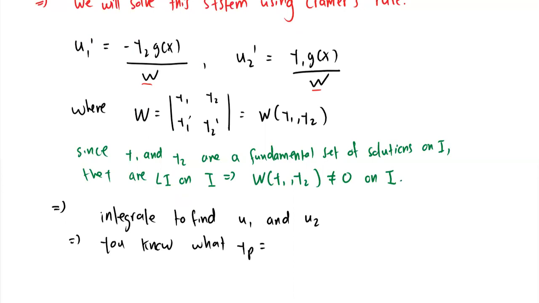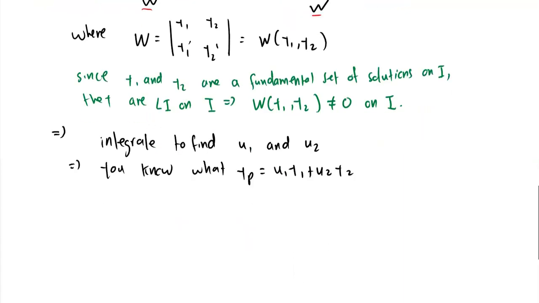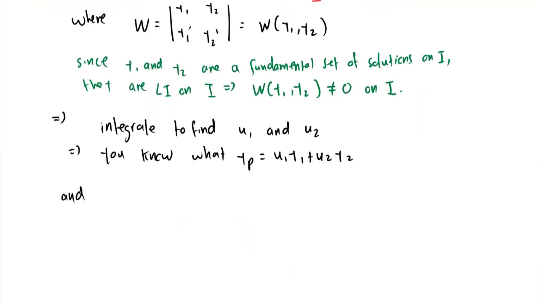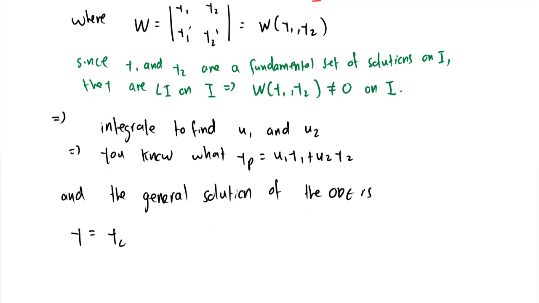Now we know what yp is exactly: this is u1 y1 plus u2 y2. And the general solution of the whole ODE is y equals the complementary solution plus the particular solution, on the interval I.